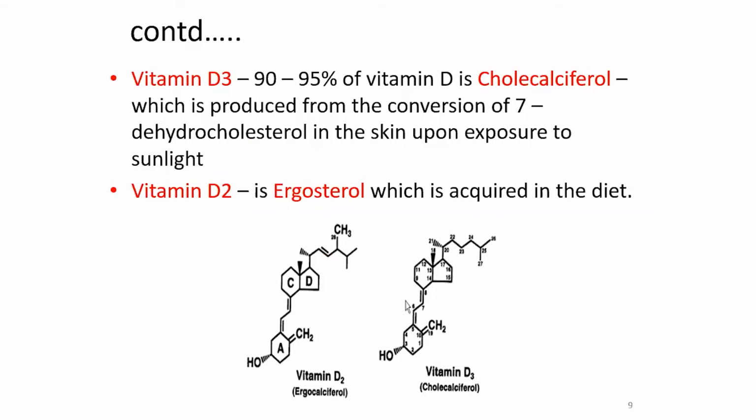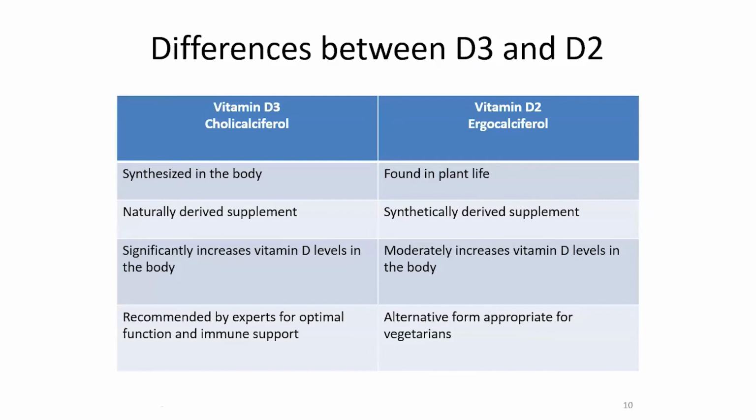It is produced from the conversion of 7-dehydrocholesterol in the skin upon exposure to sunlight. Vitamin D2, ergosterol, is acquired in the diet, especially from the plant kingdom. Few differences between D3 and D2: D3 is cholecalciferol, D2 is ergocalciferol. D3 is synthesized within the body, D2 is obtained from plant life, and is a synthetically derived supplement.